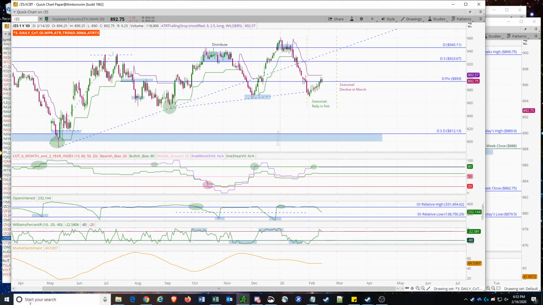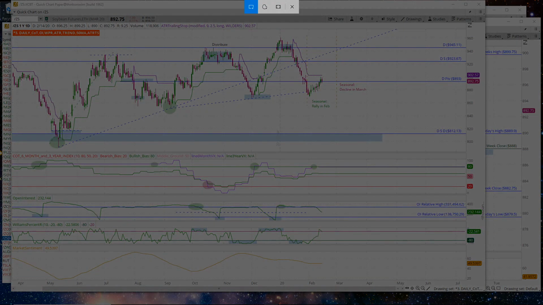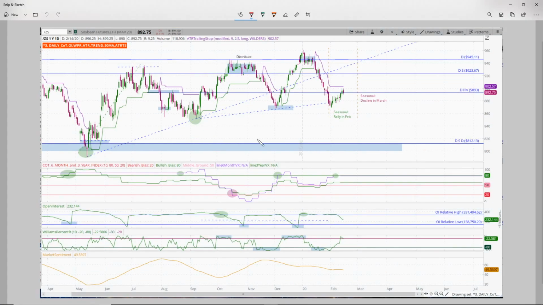What else we got here? Same story with ZS. And this is part of the independent studies too. We're really trying to be concentrated here on the open, high, low and close, week to week study. But it's nice. You get used to shifting back and forth between this type of chart if you're following commercial interest and open interest.